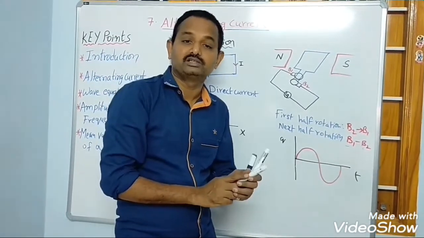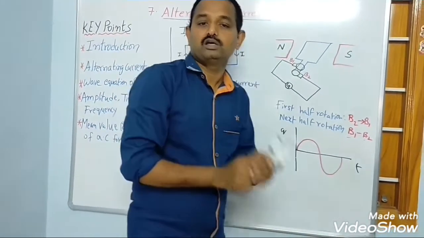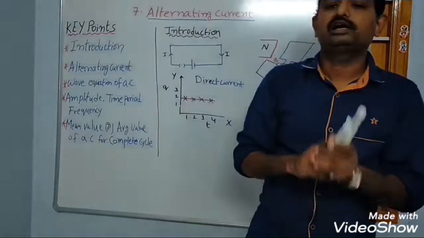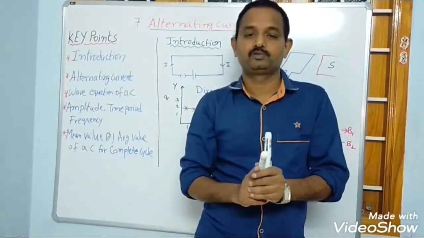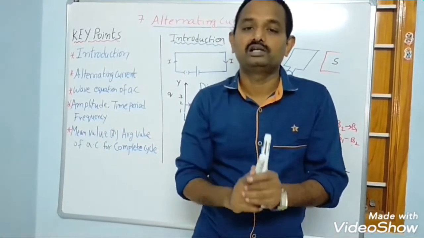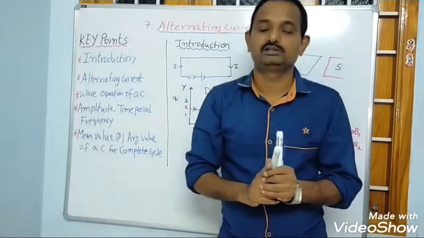That's about the introduction. Now I will define alternating current. What is alternating current? A current whose magnitude and direction changes with time is called alternating current. Why do we prefer alternating current?